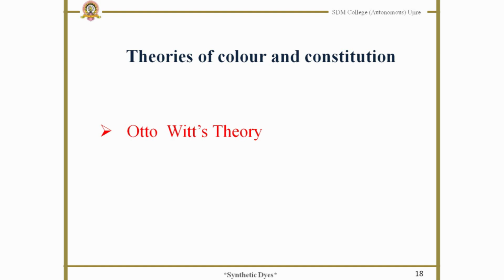They are Otto Witt's theory and modern theory of color. Otto Witt's theory is given by a German chemist called Otto Witt in 1870. He explained the clear-cut relationship between the color and constitution of a dye.